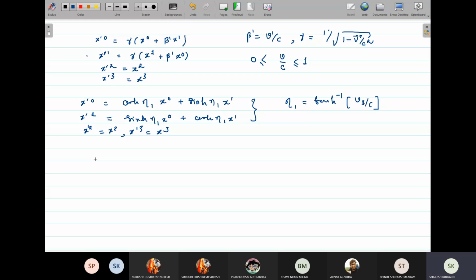We know the general Lorentz transformation matrix, and from that you can deduce the matrix which can be thought of as a hyperbolic rotation. Since v by c is restricted from 0 to 1, this eta is restricted from 0 to infinity.